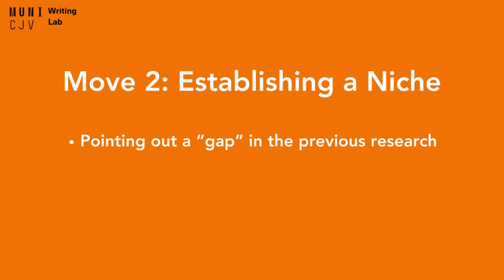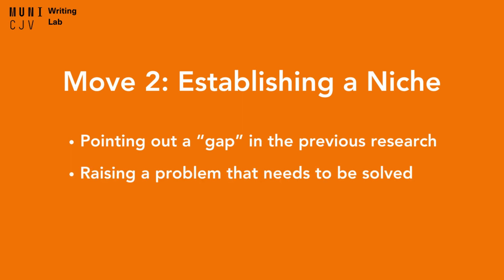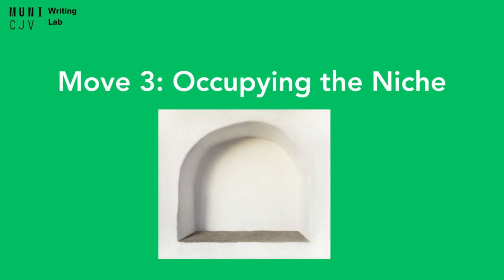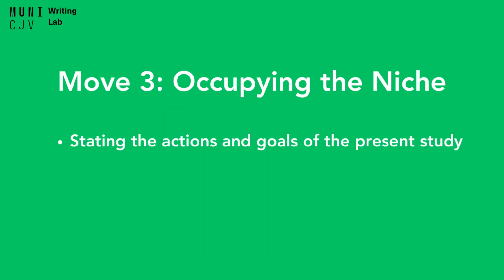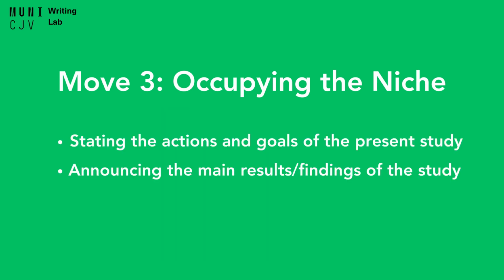Move 2 means pointing out a gap in the previous research and raising a problem that needs to be solved. After an author has established their niche, Swales found that they occupy the niche. They state the actions and goals of the present study, and they announce the principal findings of the study.